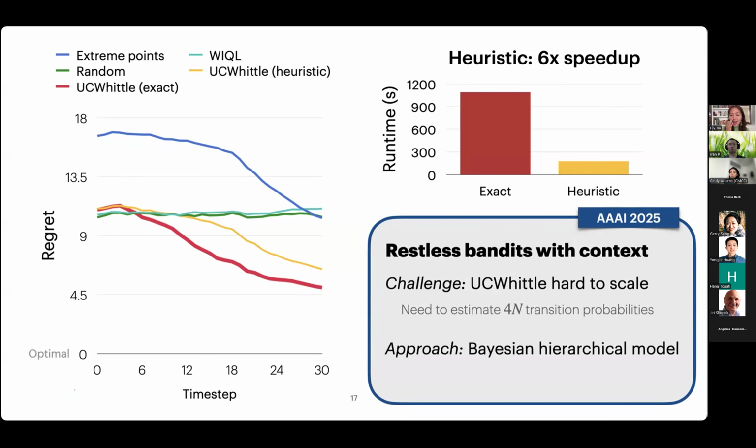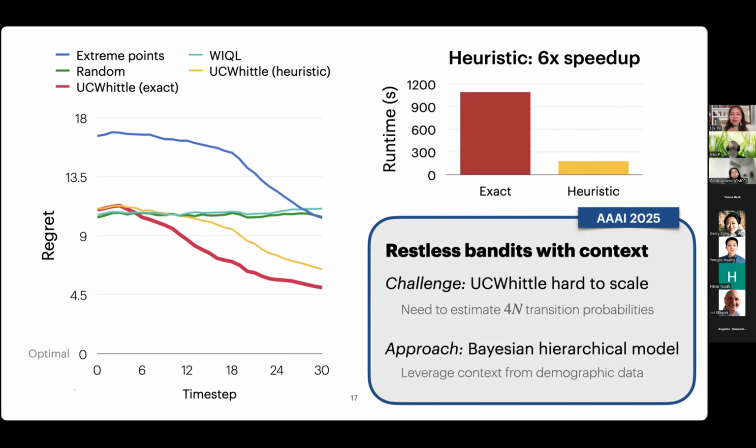But instead, we can apply a Bayesian hierarchical model that enables us to take the demographic features of different individuals enrolled in the smart metering program. And then instead of trying to estimate the transition probabilities for every individual, we'll instead estimate the relationship between some parameters on those demographic features.